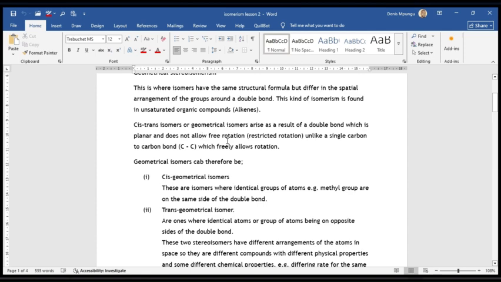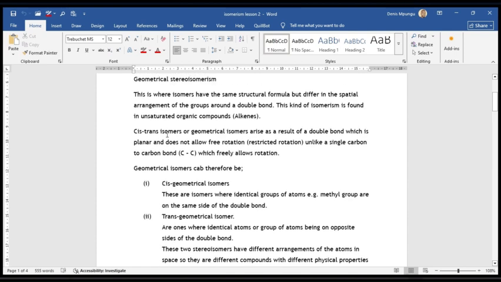Before I go there, I would like to explain why we have this type of isomerism in alkenes. A single carbon-to-carbon bond allows for rotation of the atoms bonded to these carbon atoms. Even the structure itself can freely rotate.